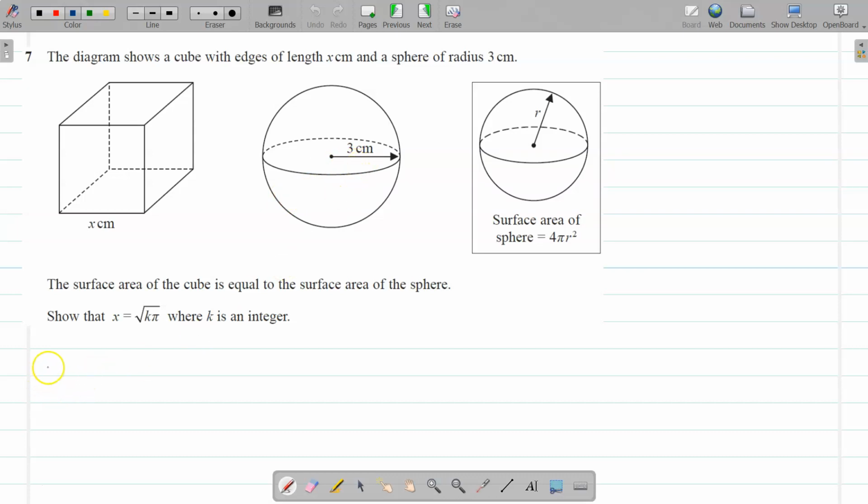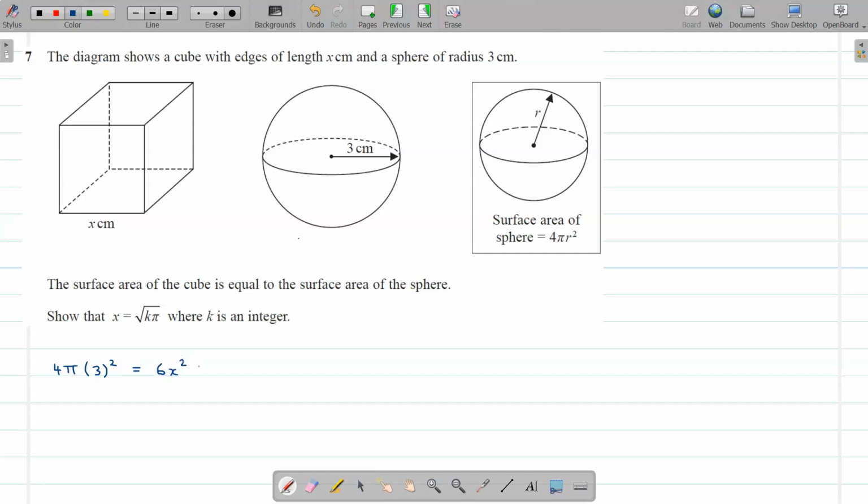Okay, so 4 pi r squared, that's the surface. In fact, they give you that here. So 4 pi r squared is 4 pi times 3 squared. Okay, and we're told that that equals the surface area of the cube. Well, a cube has 6 surfaces equal, and each one has an area of x squared.